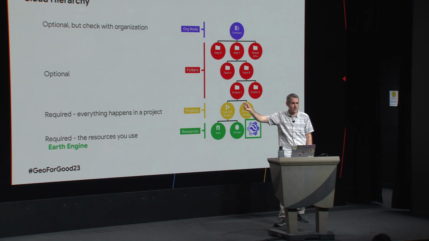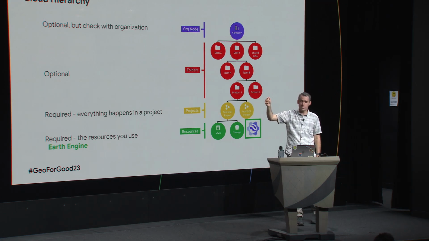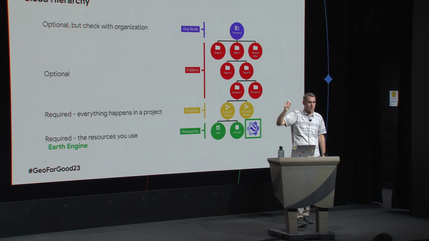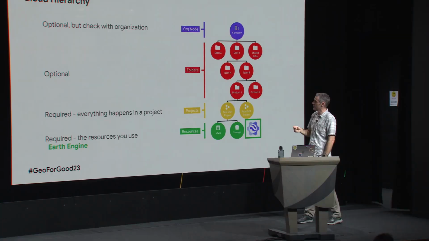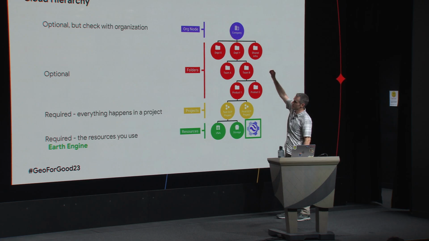But many organizations, be it private companies, public sector institutions, agencies, university, they have rules about how you can operate in Google Cloud. And so I encourage you to check with your organization first before you do anything. But everything starts at this organizational level.